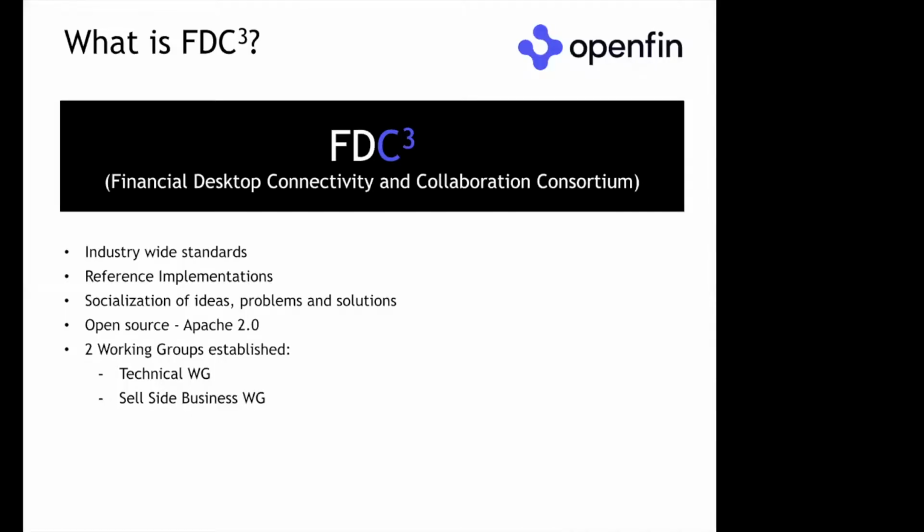The URL I linked to here, fdc3.org, is a great place to get a high-level overview, as well as link to some of these reference implementations and standards that we've worked together to create to date. It's got participation from close to 30 now organizations across finance, and I would definitely check that out.